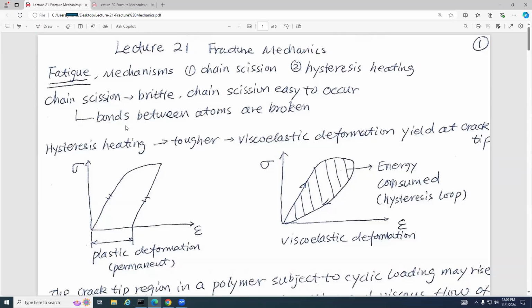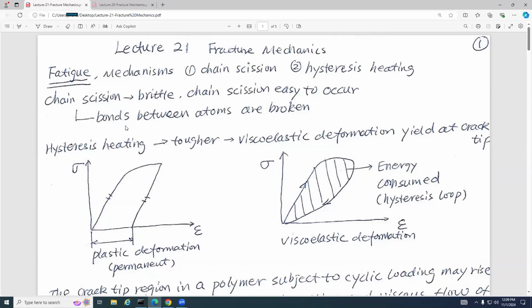Hysteresis means that if you apply the load this way, on a sigma-epsilon plot, and then at some point you release and remove the load, the material comes back to the original starting point.